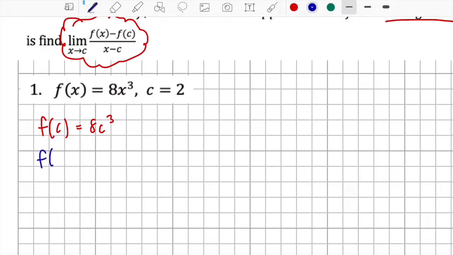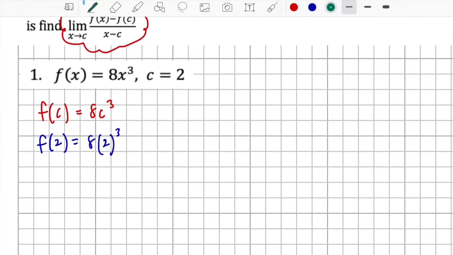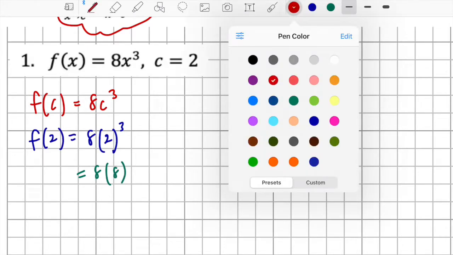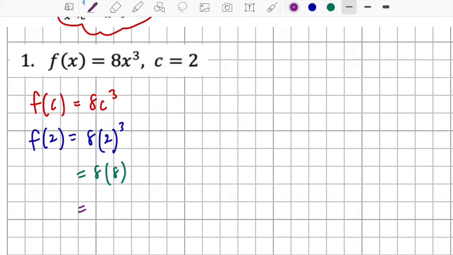So we'll plug in a 2. We're going to evaluate it. First you do exponents. So it's 8 times 2 cubed, that's 8. And if I multiply these two numbers, I get 64. So f of 2 equals 64.